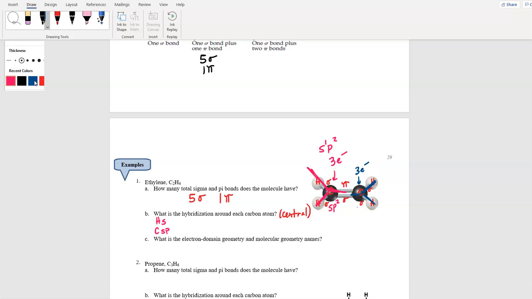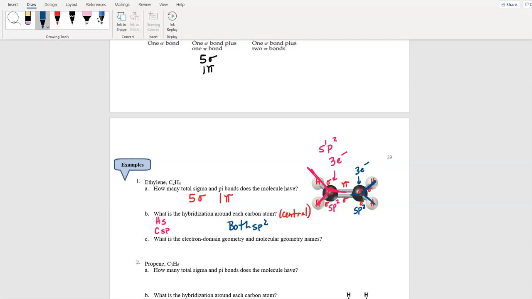So this carbon also would be sp2. So ladies and gentlemen, the more centers you have, the more you have to figure out its hybridization. And if you have lone pairs, they count also as a region. So around each carbon atom, they're both sp2 hybridizations.